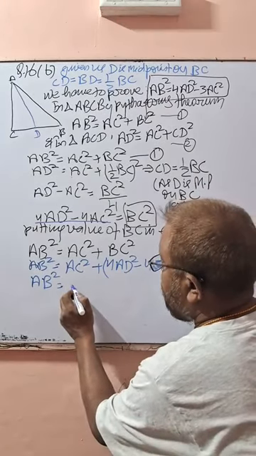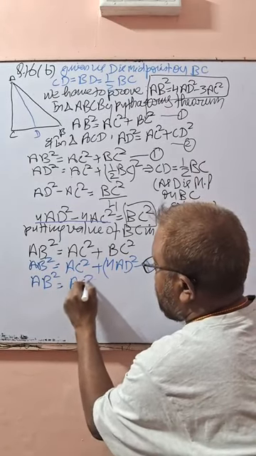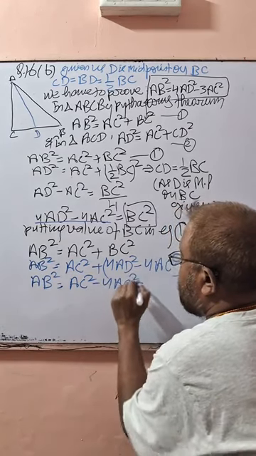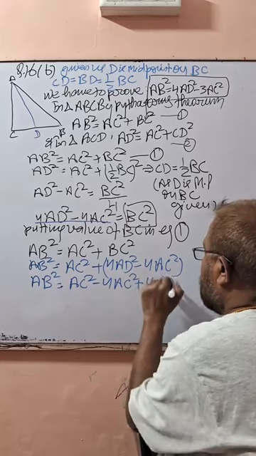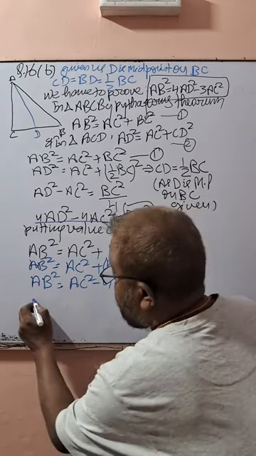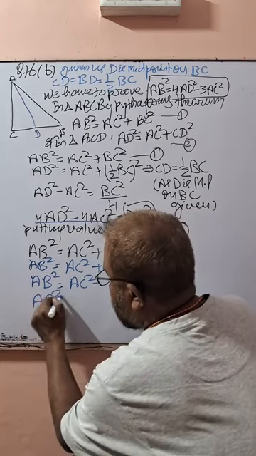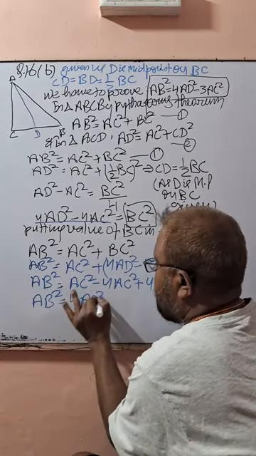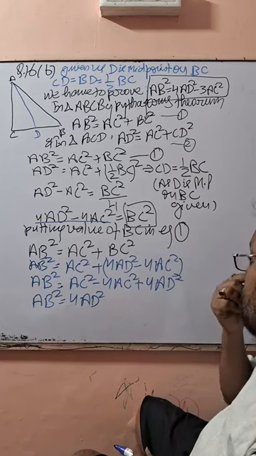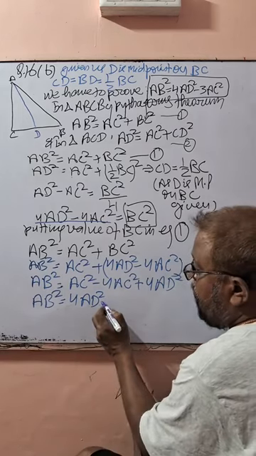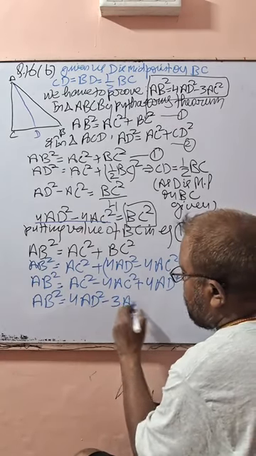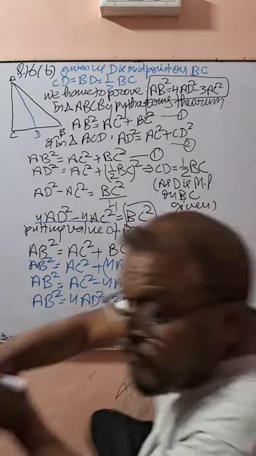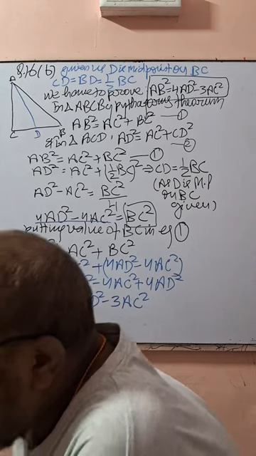So we have AB square is equal to AC square minus 4AC square plus 4AD square. So AB square is equal to 4AD square minus 3AC square.